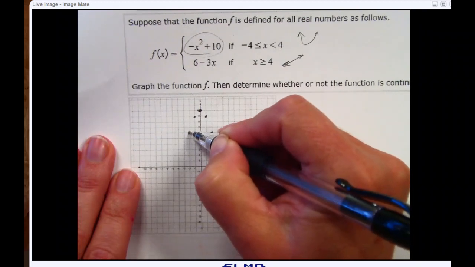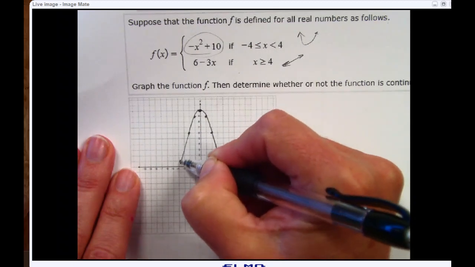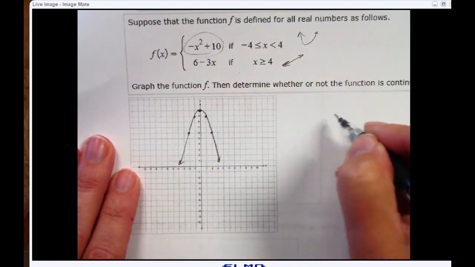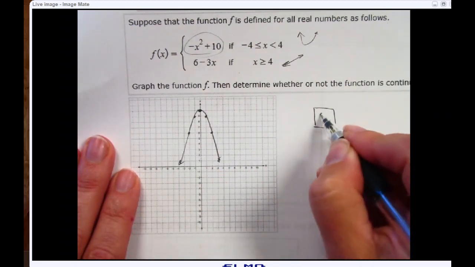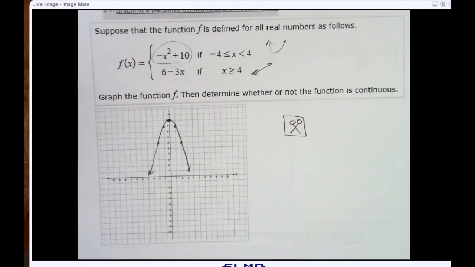And you have your parabola. And then ALEKS has this nifty button over here that looks like scissors. Those are amazing scissors. Don't judge me. And we have to cut off the piece of the parabola that doesn't work.